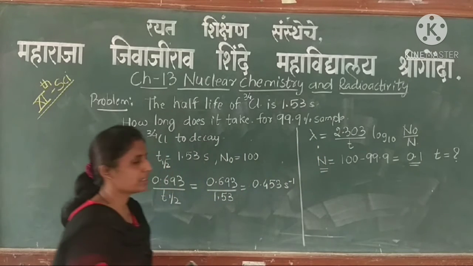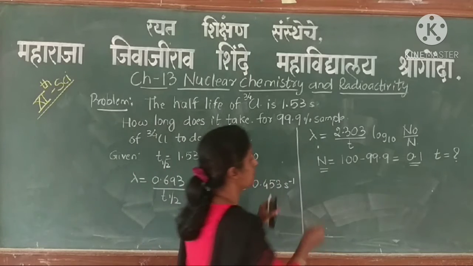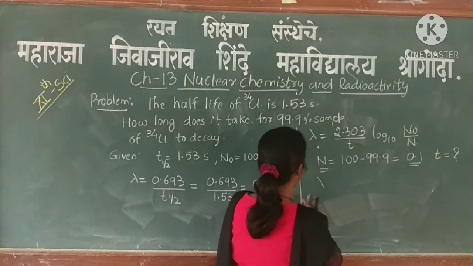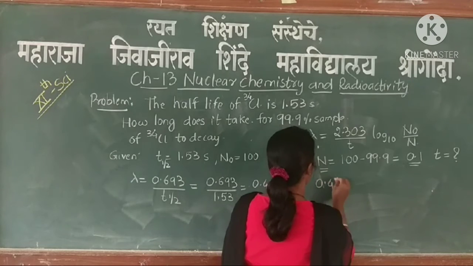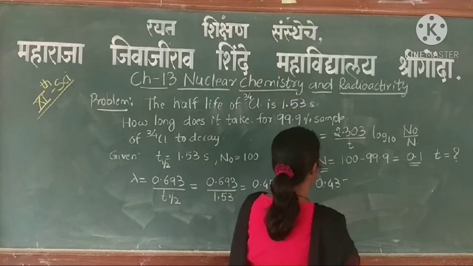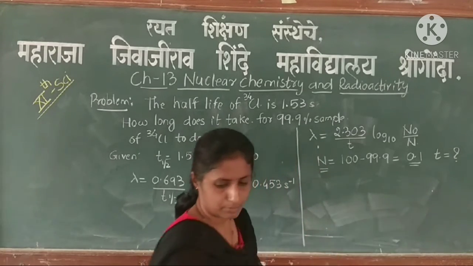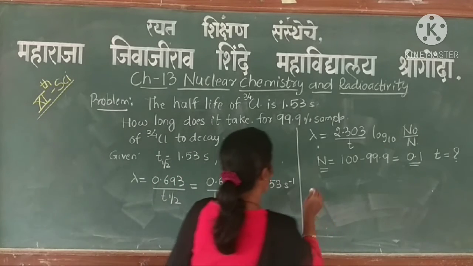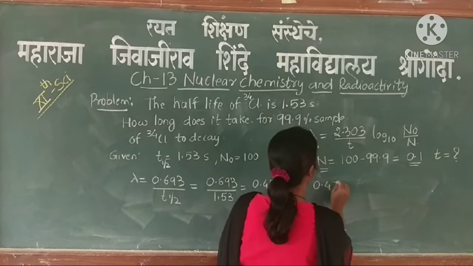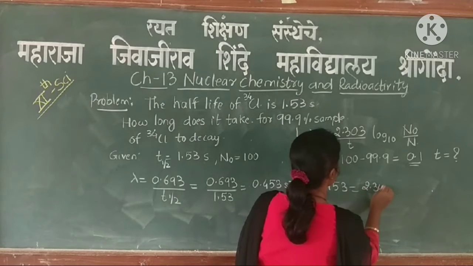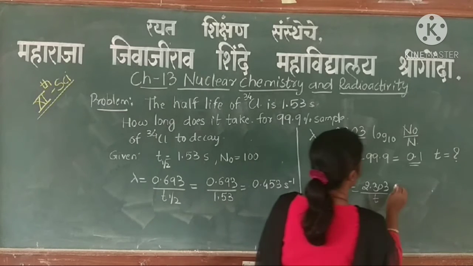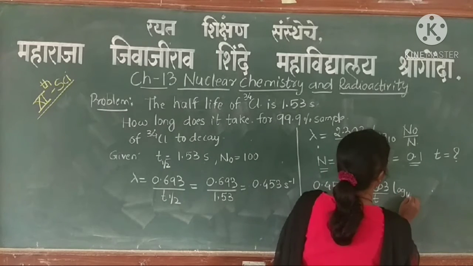So now we will substitute in the above equation. So lambda, we know how much it is? We have calculated 0.453. So 0.453 is equal to 2.303 upon t, and you have to calculate t, which you don't know, times log of n0.